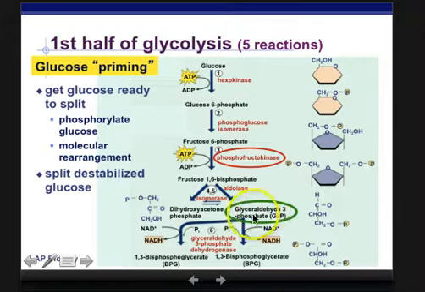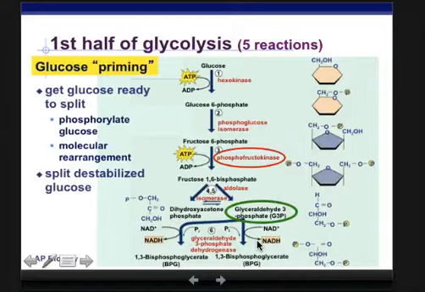And that is going to drive this next part of the reaction, which begins the happy part, where we're getting some energy and getting stuff that we need. This is on page 167 of your book, in a little bit better detail. This is where we have the redox reaction.